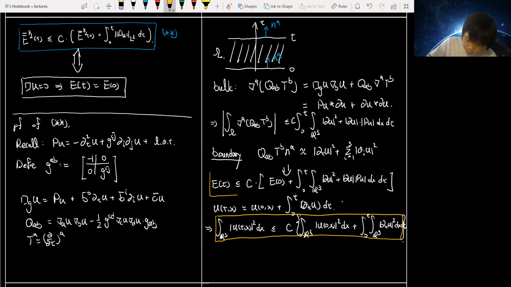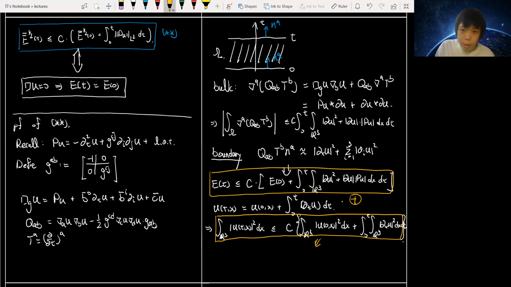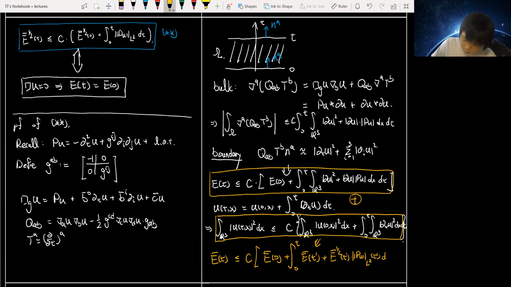And we add these two bounds. What it will give us is that E bar(T) is bounded by a constant times the initial E bar plus the integral from 0 to T of E bar(T') plus E bar(T') to the power of half times the L2 norm of Pu, dT'.